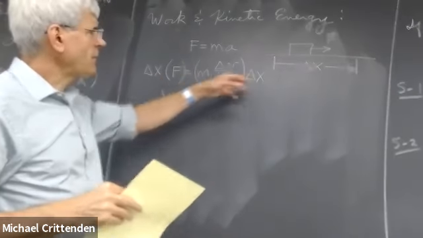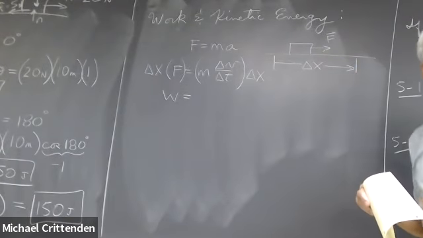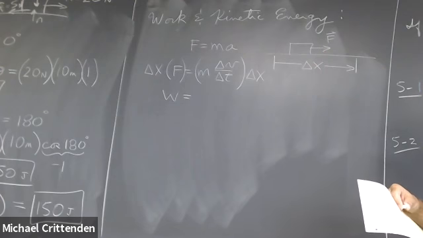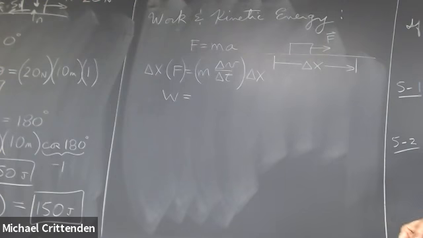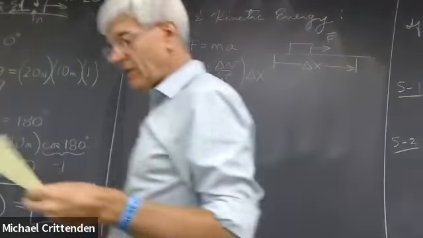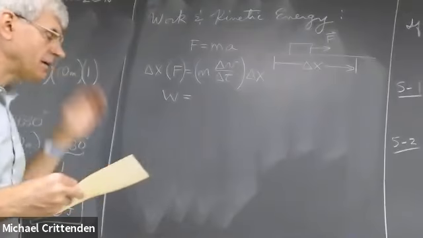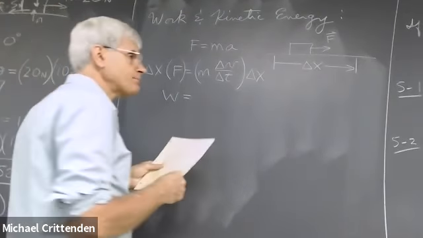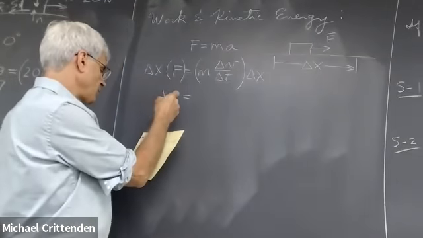In this case, the cosine factor would equal 1. I'm sort of looking at a special case here to keep the derivation simple. You can make a more generalized version of the same argument where the force might be at some sort of an angle, but let's keep it simple and assume that it's a glider going down a horizontal air track being pulled by a horizontal force. So force times displacement, work.